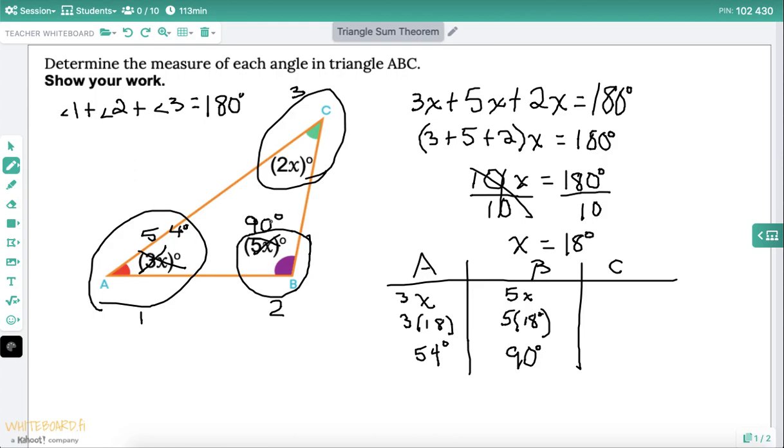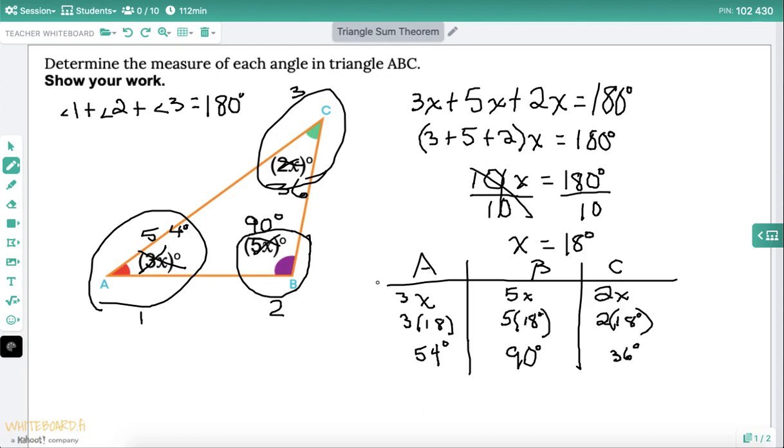Now you have different ways to solve for C, but since we already know what x is, we'll go ahead and do it this way. 2x, x is 18. So 2 times 18 is 36. 36 degrees. So I'll cross this out, and this is 36.